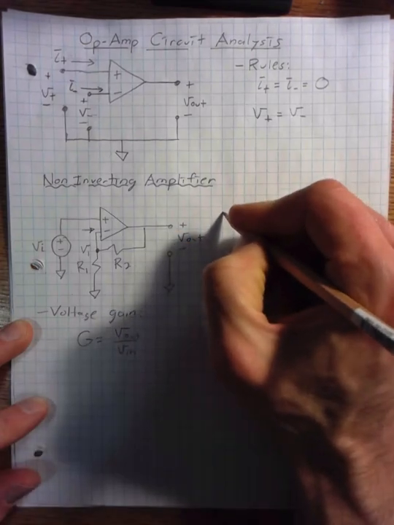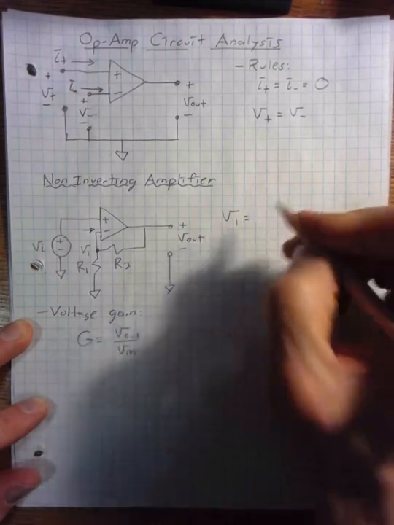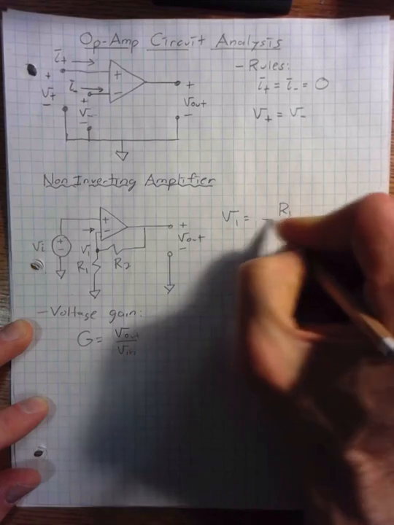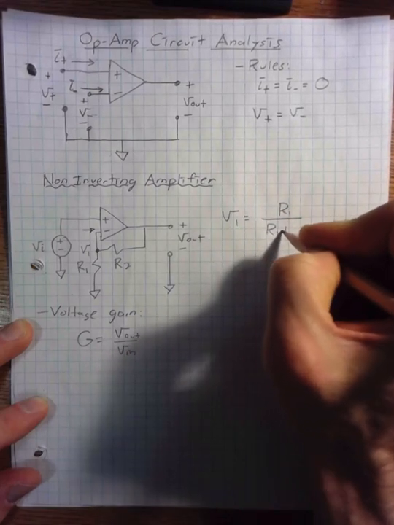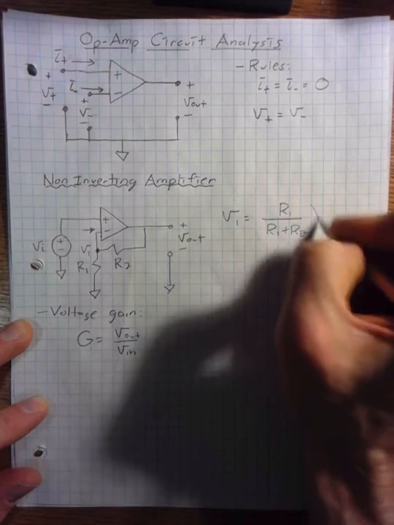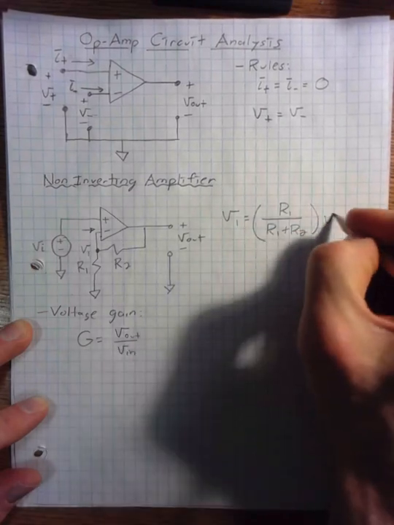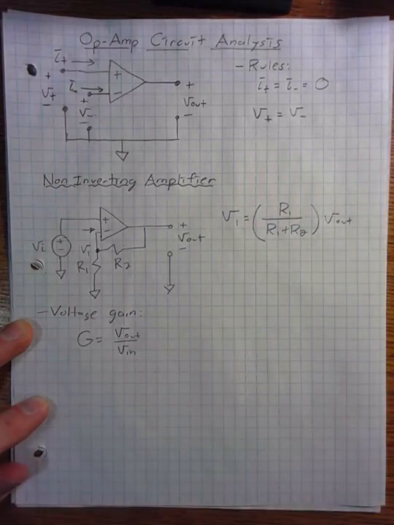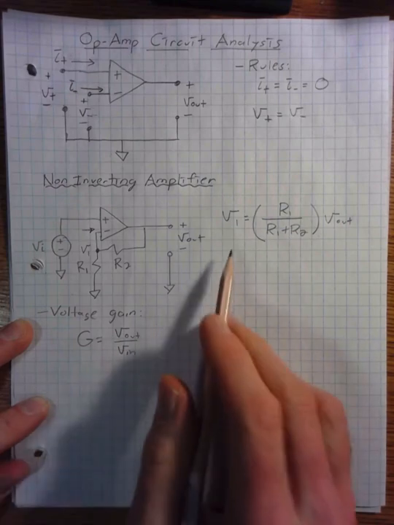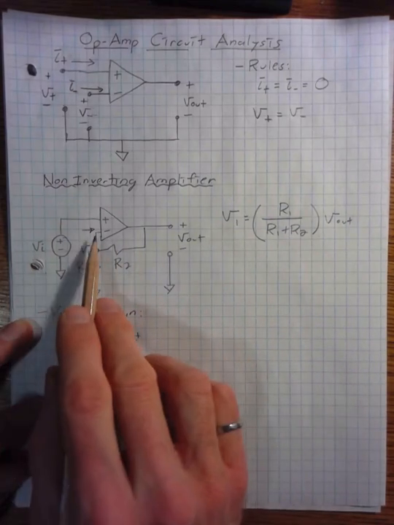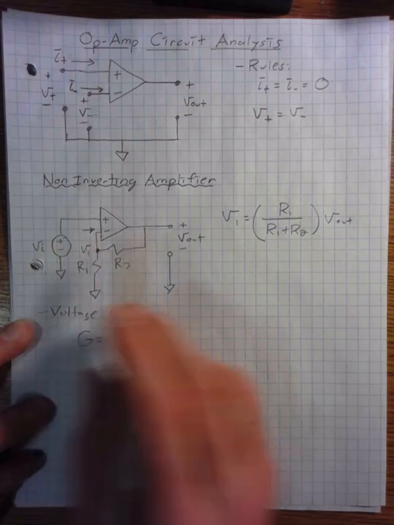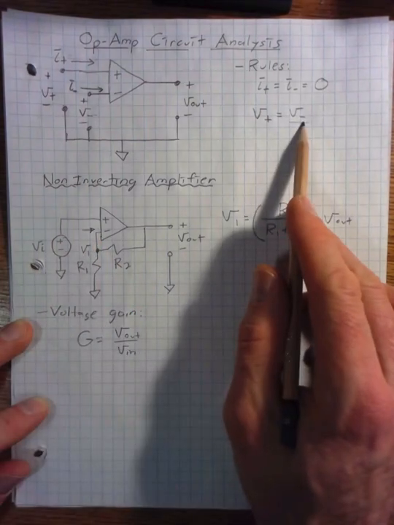And so V1 is equal to R1 over R1 plus R2 times V out. And we also know that V1 happens to be equal to the voltage at the negative terminal, V minus.